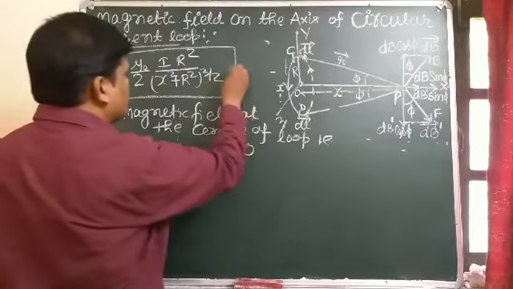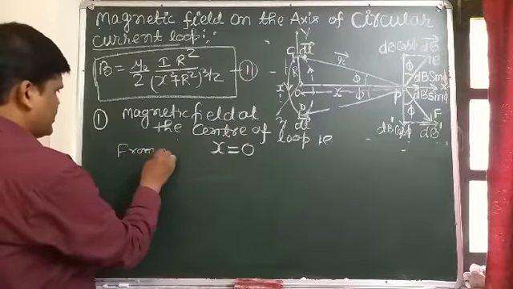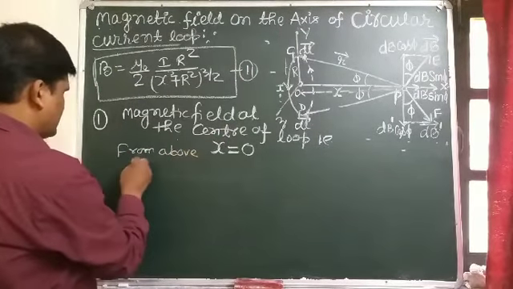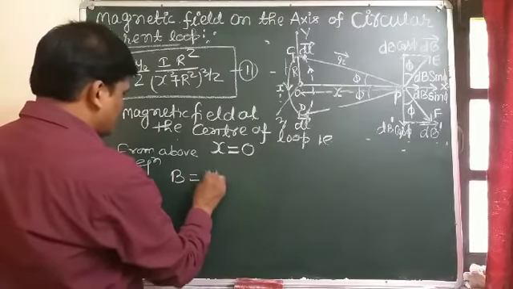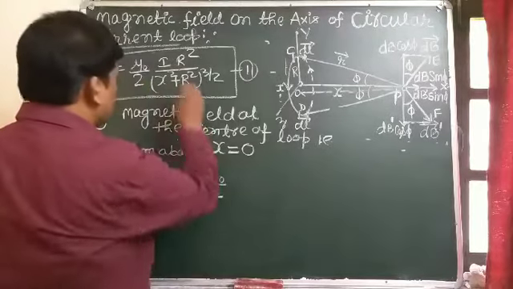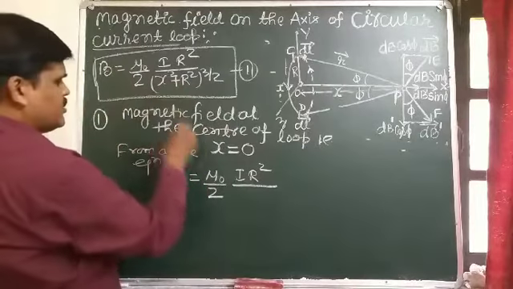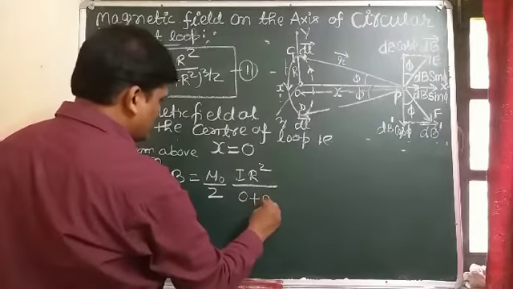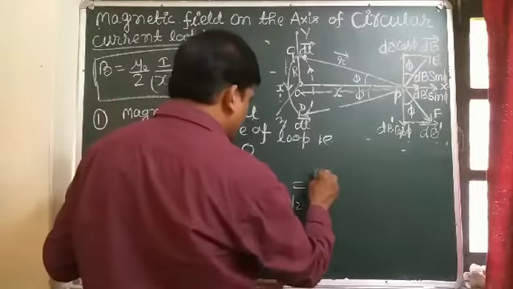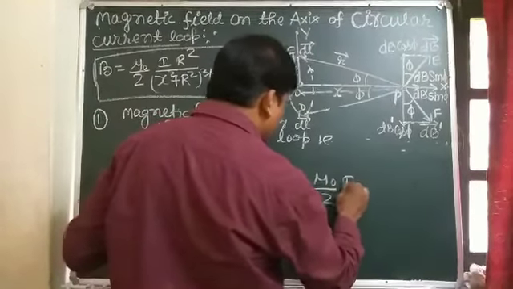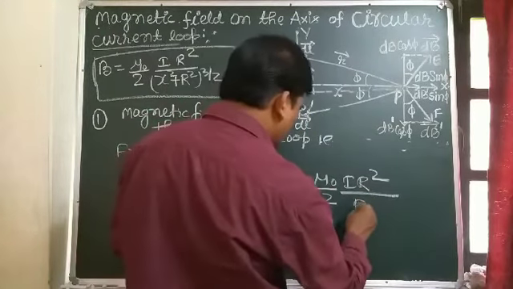So from the above equation we write B equal to mu naught by 2 I r square by 0 plus r square to the power 3 by 2, which comes out to be mu naught by 2 I r square by r cube.